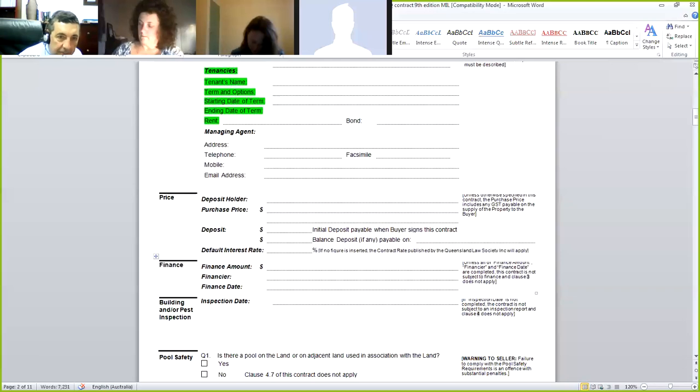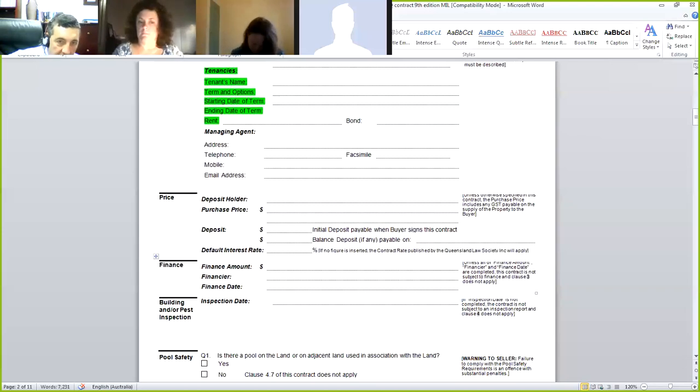Secondly, financier. In my view, when you're acting for a buyer, it's better practice to be specific. And if, for example, your intending purchaser wishes to finance the transaction through a loan through, say, Westpac, then insert Westpac. And the finance date would normally be about 14 days from the date of contract.